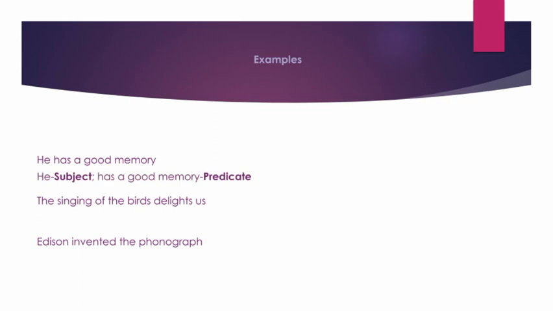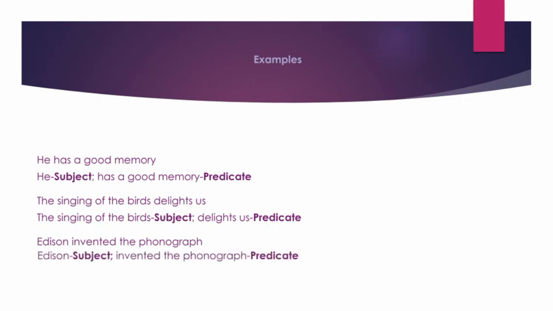He is the subject in the first sentence and has a good memory is the predicate. The singing of the birds is the subject in the second sentence and delights us is the predicate. Edison is the subject in the third one. Invented the phonograph is the predicate. So this is the way we are dividing the sentence. Subject and predicate.